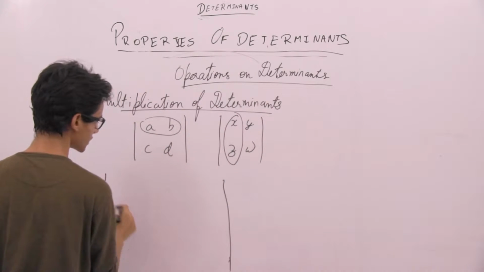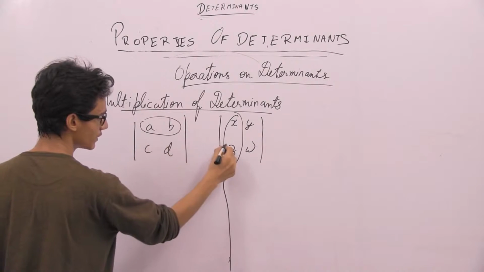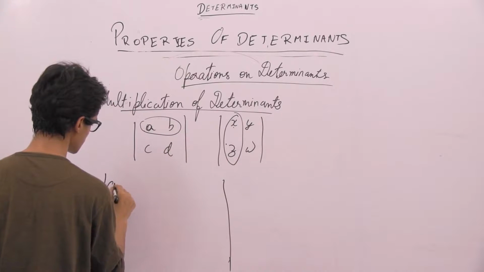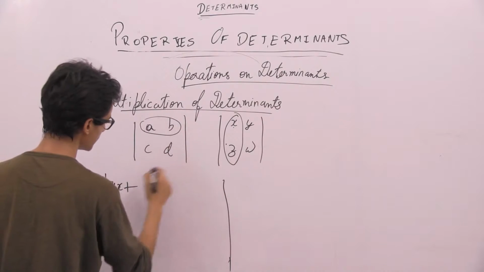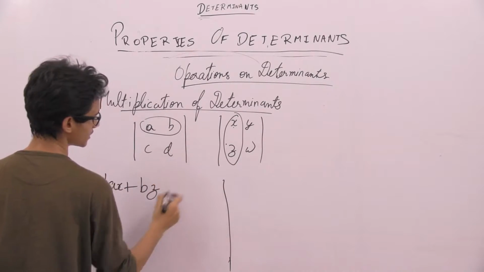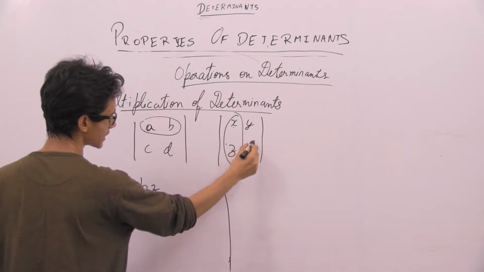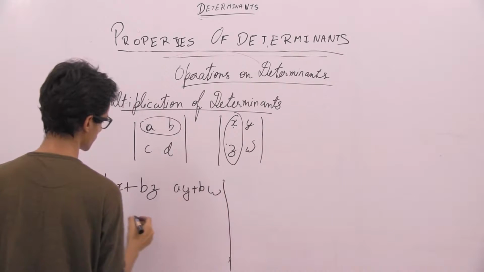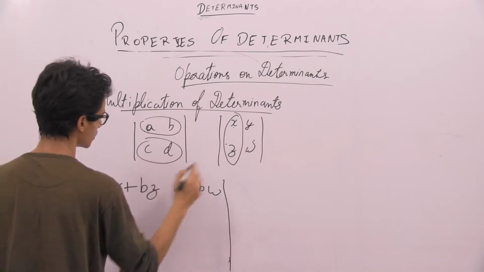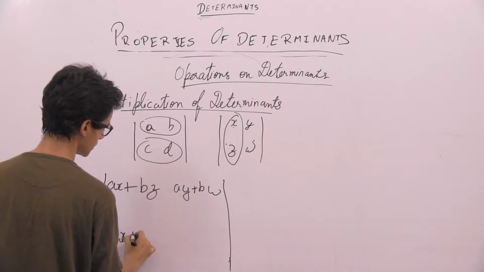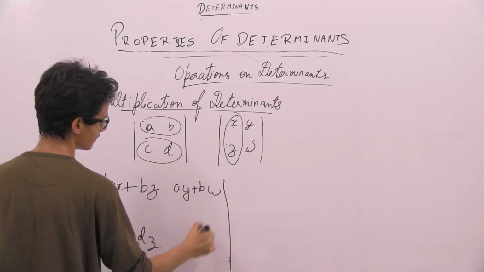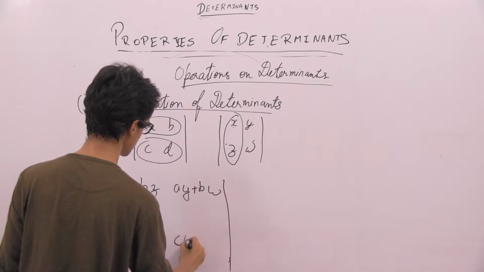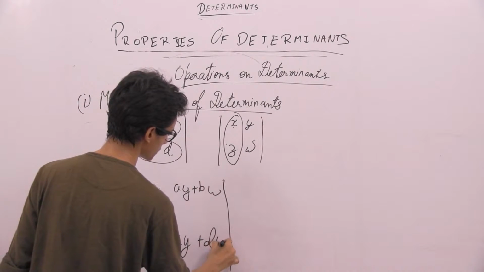For the first row first column element we take first row and first column, so the summation comes up to be ax plus bz. For the first row and second column, we get ay plus bw. For the second row first column, we get cx plus dz. For the second row and the second column, we get cy plus dw.